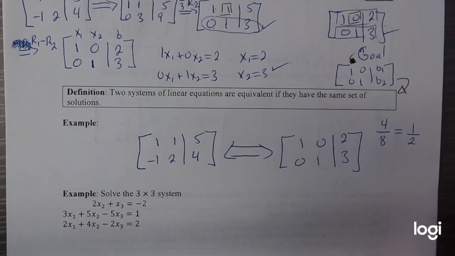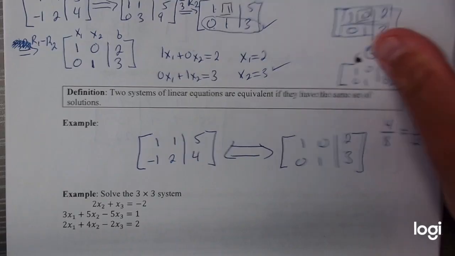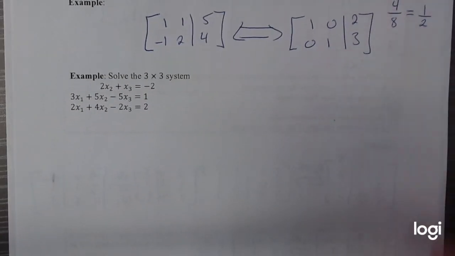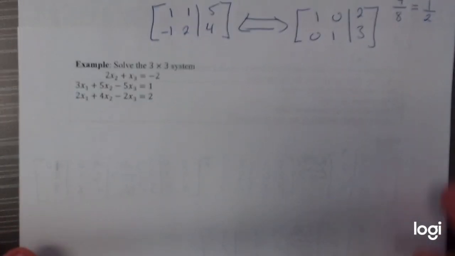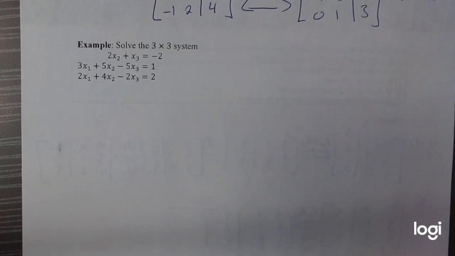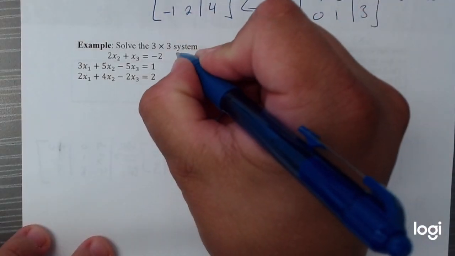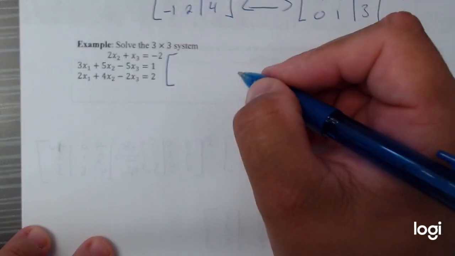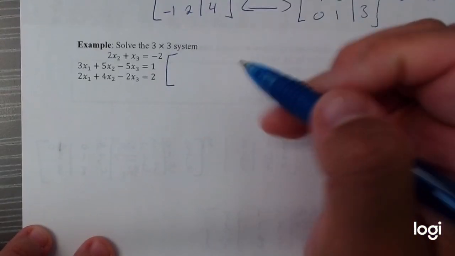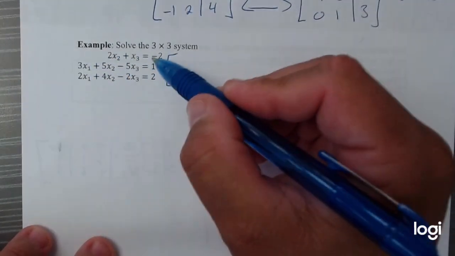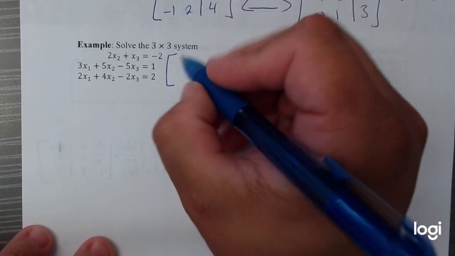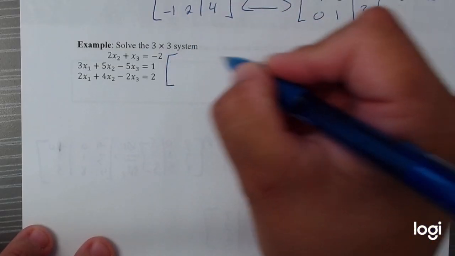So now let's do a little bit more difficult, actually a lot more difficult example. Let's now try solving a 3x3 matrix, which is a little tougher to deal with. Okay. All right, so first off, we're going to convert it to our augmented matrix. Now, we've got to be careful because notice in the first equation, there is no x1, but we have to represent it in the augmented matrix.